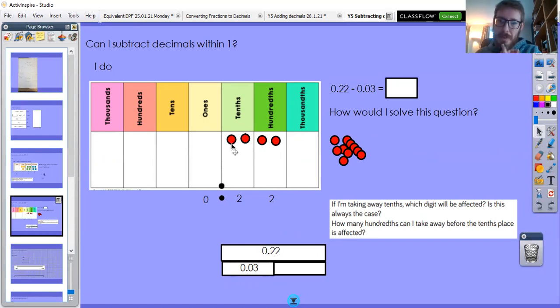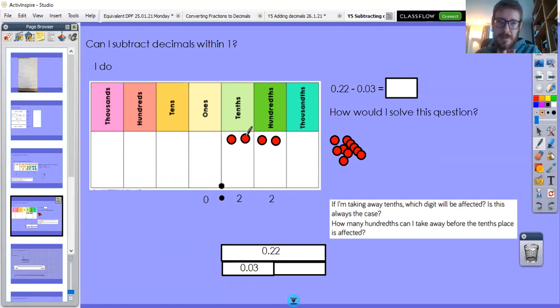But we know that in each of these tenths, there are lots of hundredths. Each of those tenths is worth the same as 10 hundredths. So I would need to move one of those tenths over into my hundredths so that I've got enough to subtract. Like you would usually do when you're doing your column subtractions, you're going to exchange.